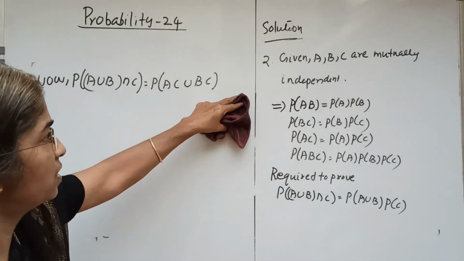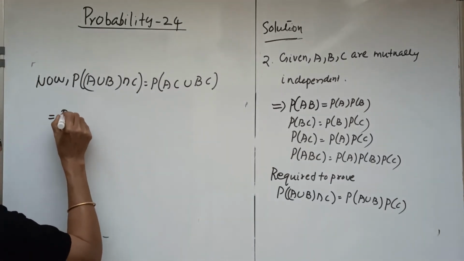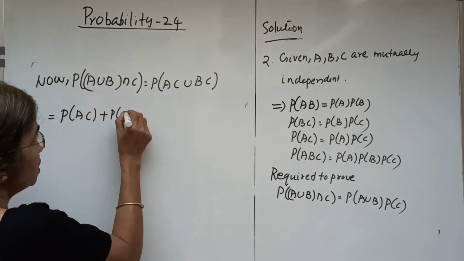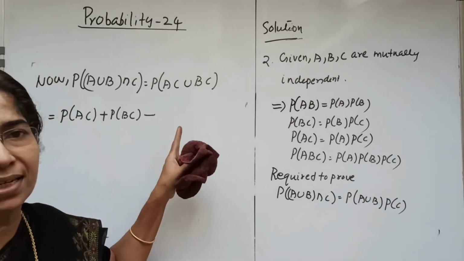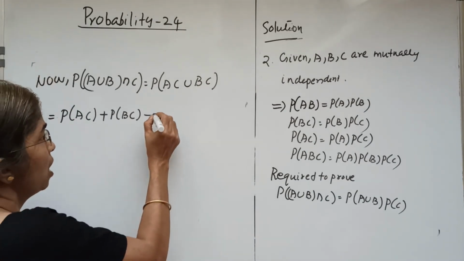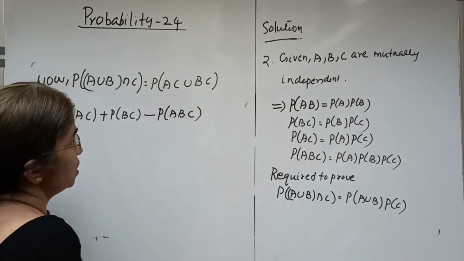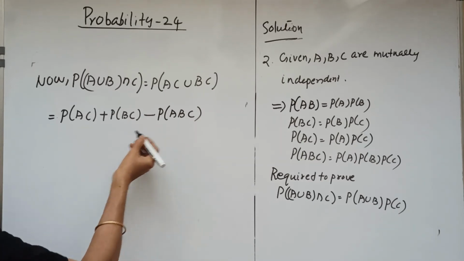So we can apply the addition theorem for 2 events, so that this becomes P of AC plus P of BC minus P of AC intersection BC, which is P of ABC.